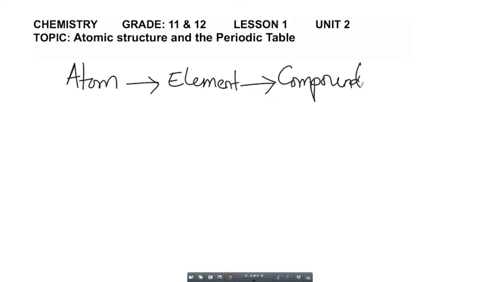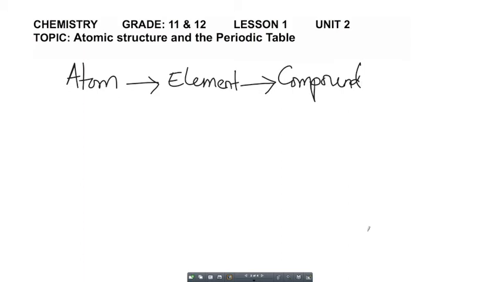And then lastly, out of this combination, a compound, remember what I indicated in our definition, that a compound is made out of two or more atoms combined chemically. It means if those atoms that are combined are from non-metals, they will give us another substance called a molecule.